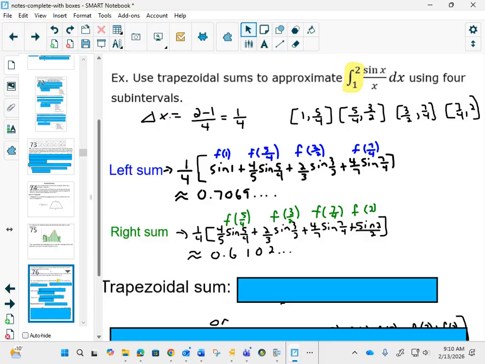I'm going to show you some cool stuff on your calculator that can make finding these answers quicker. Okay? So I'm going to get this 0.6102 and this 0.7069 and show you some calculator tricks to do that.